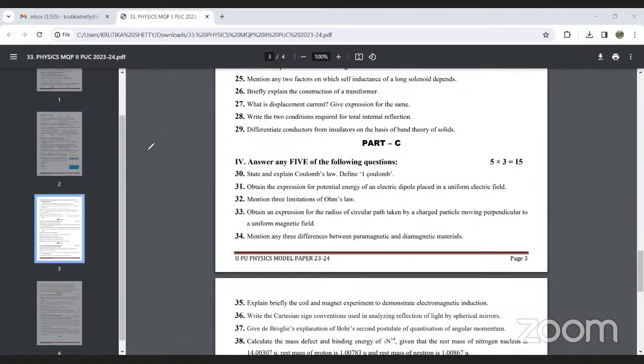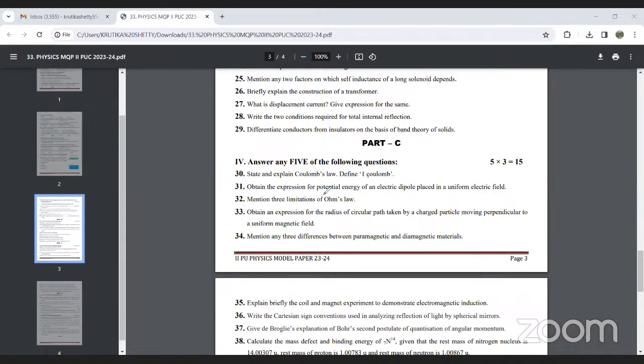We have I is equal to Q by T. Therefore, Q is equal to I into T. Here we require the charge as 1 coulomb. So when you have the current as 1 ampere for the time of 1 second, it is said to be 1 coulomb. Okay. So this is the unit of the charge.